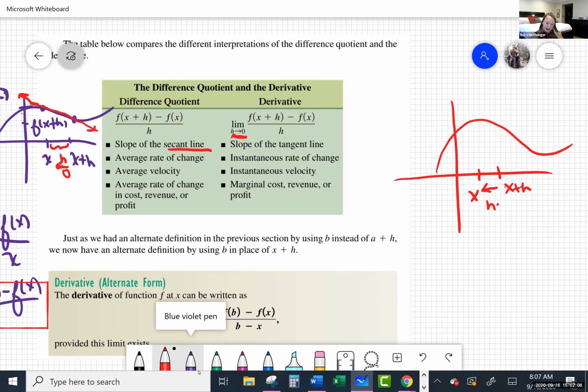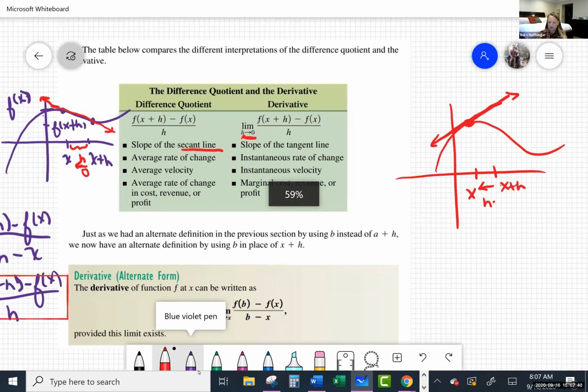And when that goes to 0, we can see more accurately what's going on at this value. The line that touches the point and has the exact slope, or rate of change, right there at that point is our tangent line. We say that's the instantaneous rate of change or instantaneous velocity, or the marginal cost, revenue, or profit.